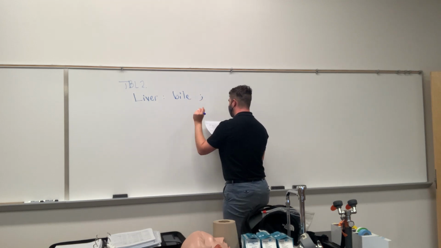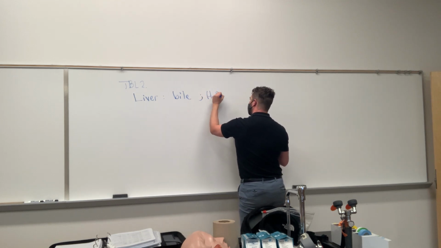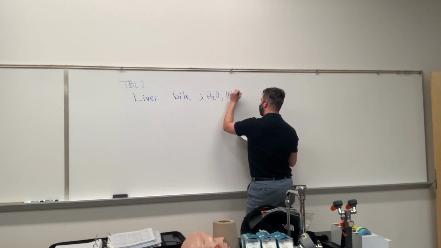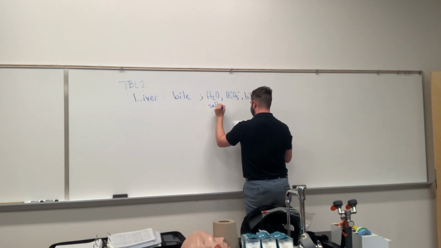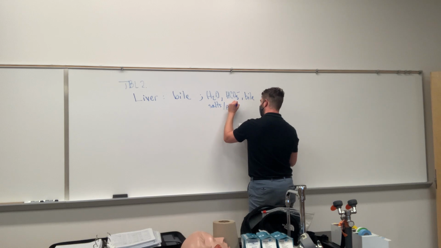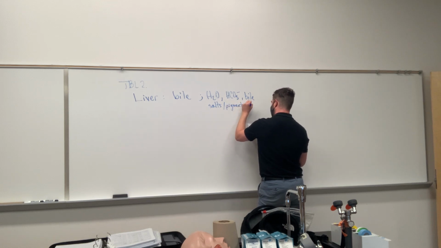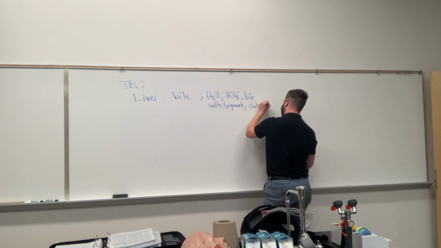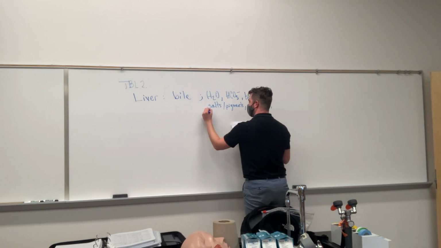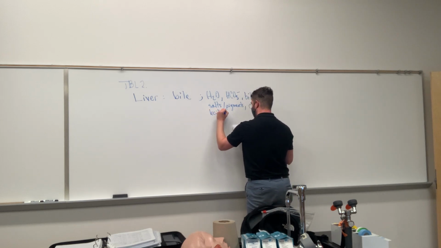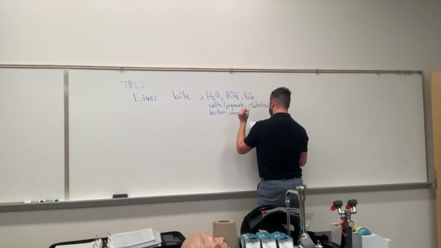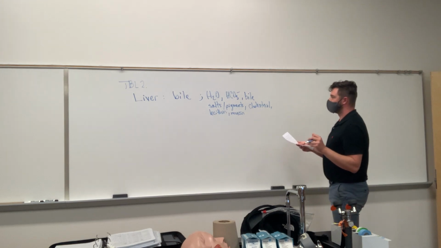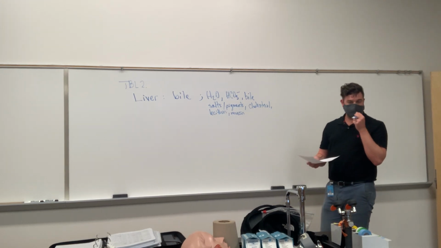The components of bile: you have water, bicarbonate, bile salts, pigments, cholesterol, some lecithin, some mucin. So that's a little bit of everything.